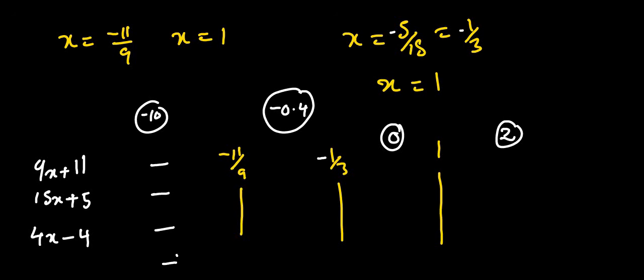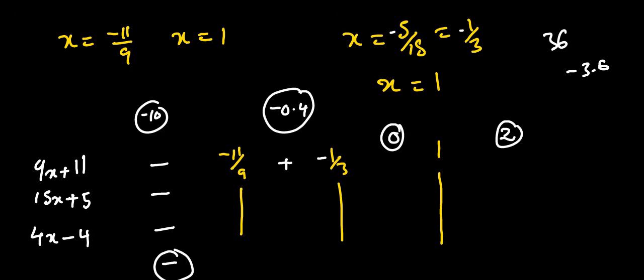So this whole thing will be negative. I choose a negative 0.4 here. So that's 9 times 4, since we don't use calculators, that's 36, so going back to the decimal place, this is negative 3.6. Negative 3.6 plus 11 gives us a positive.